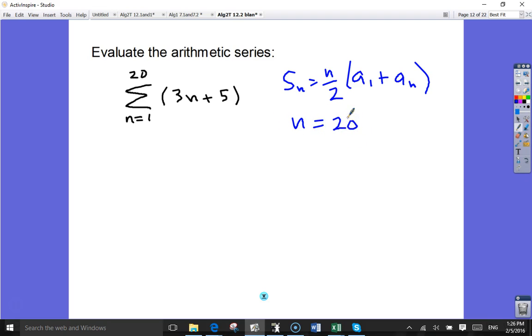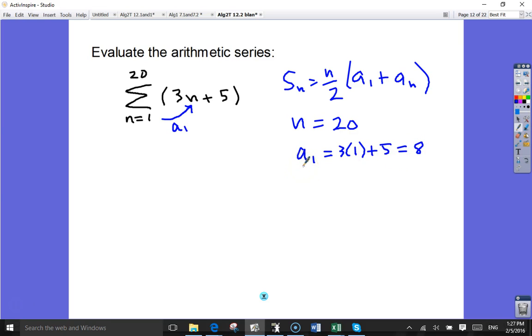Right? How will we find the first term? Right. For the first term, you plug in the lower limit, right? That'll be A1. So in this case, A1 will be 3 times 1 plus 5, which is 8.